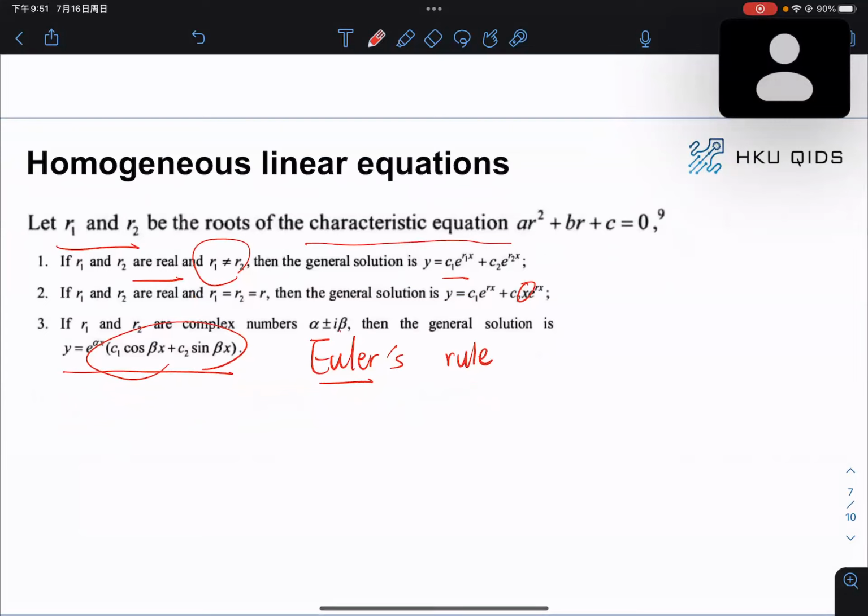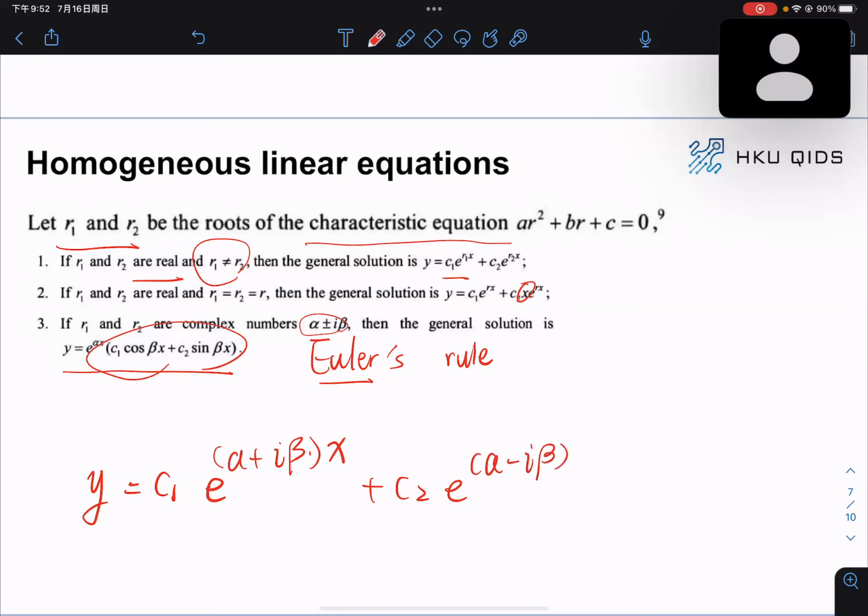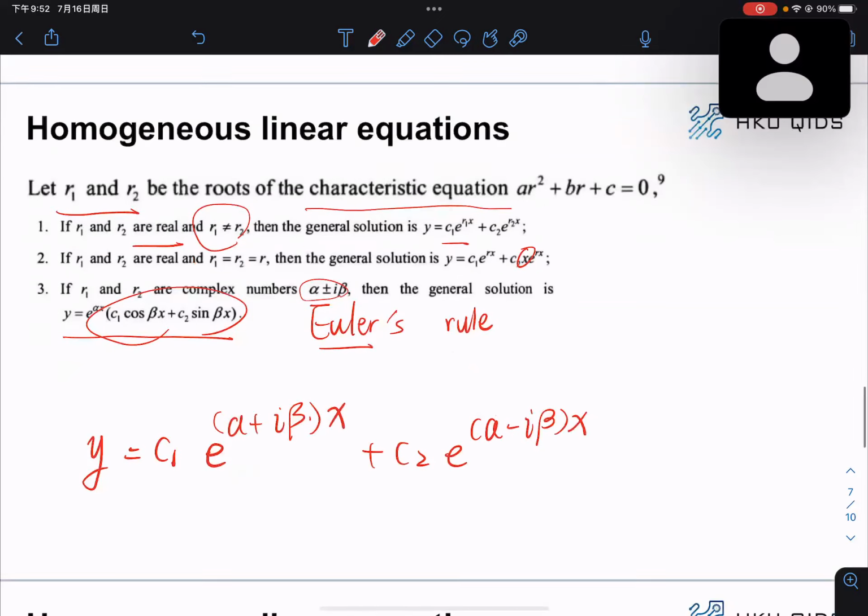Because it has the format a plus ib and a minus ib, we can have y equal to c1 e to the power of (a plus ib)x plus c2 e to the power of (a minus ib)x, right?